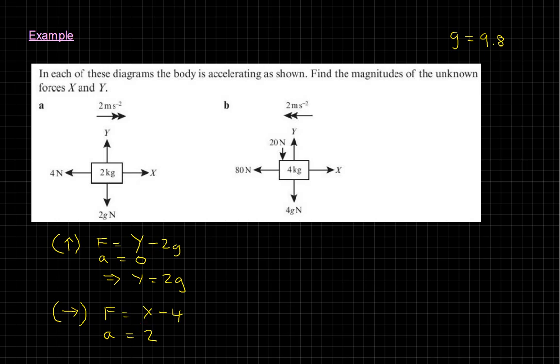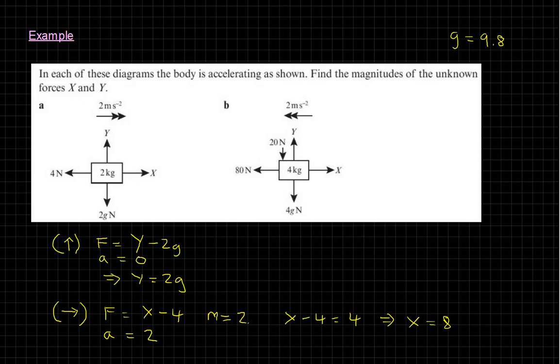So we've got F equals X minus 4, a equals 2. The mass is equal to 2 as well. So putting that into F equals ma, we end up with X minus 4 equals m times a, 2 times 2, so we get 4. And that therefore implies that X equals 8.